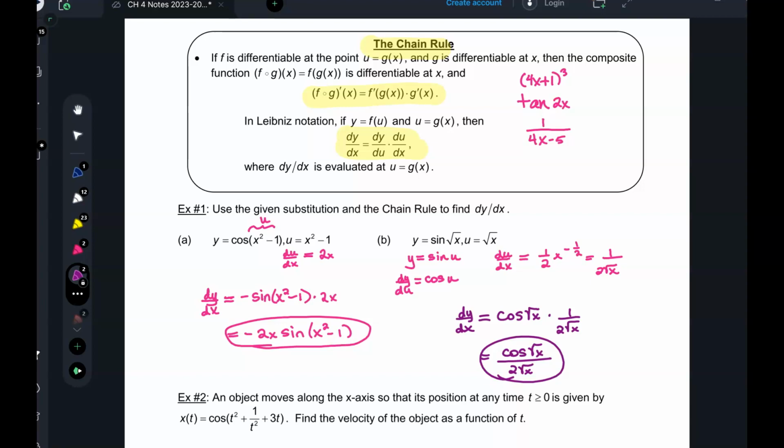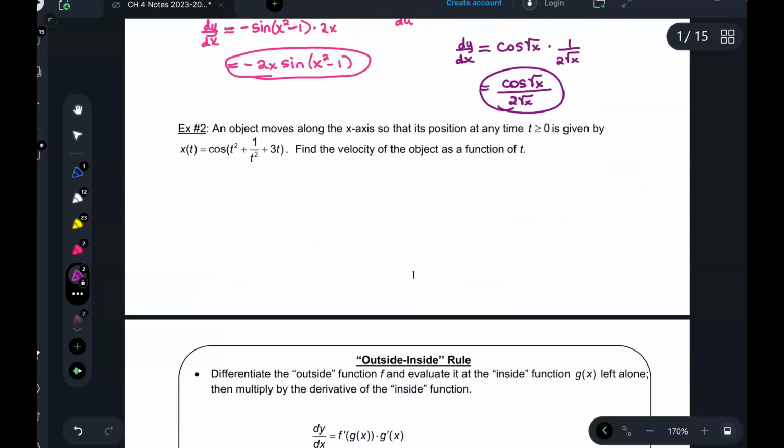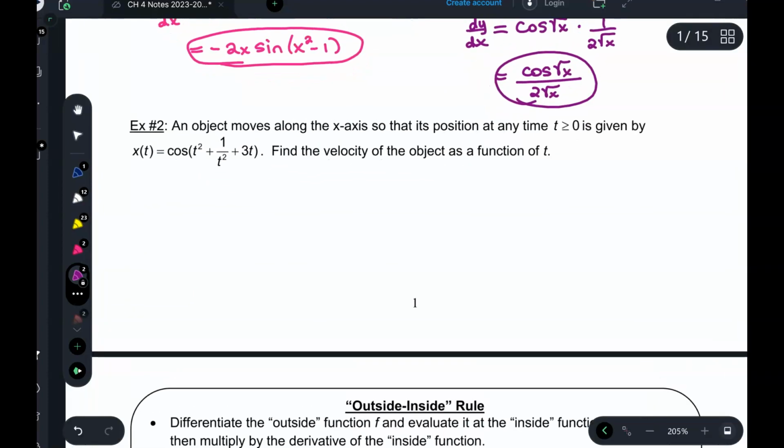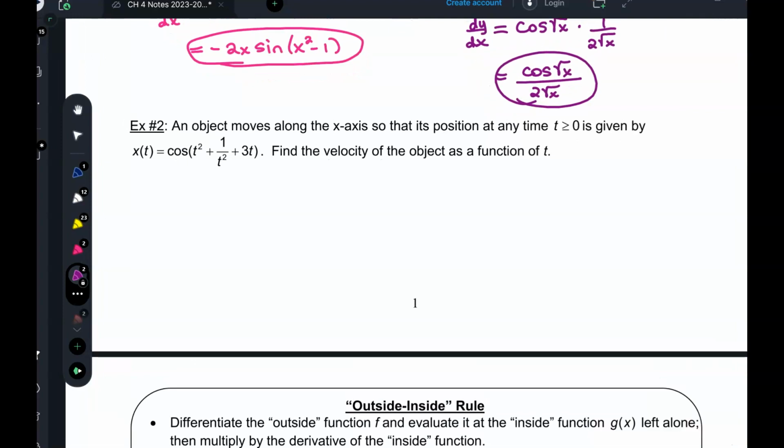Is there anything multiplied to those functions? No. It's something to the 3rd power, and it's not just x. Like I said, on the next page, I'm going to show you what I call the outside-inside rule. So let's do this next example. I'll explain the outside-inside rule, and then I think it'll be a little more clear.